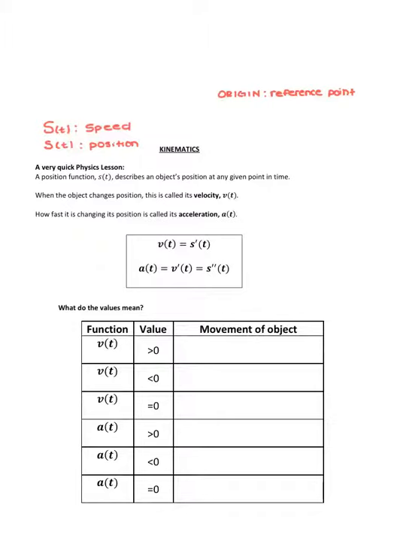Now, with regard to a particular time, an object's position may be greater than 0, which means it's to the right of that origin. At a particular time, an object's position may be less than 0, which means it's to the left of its origin.